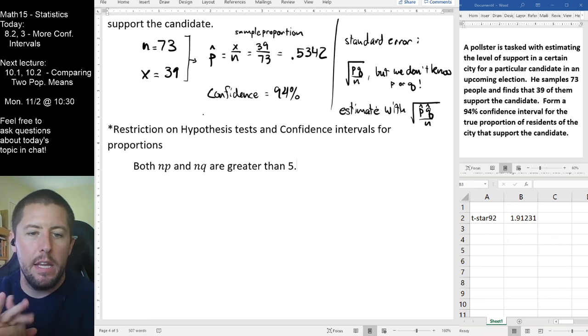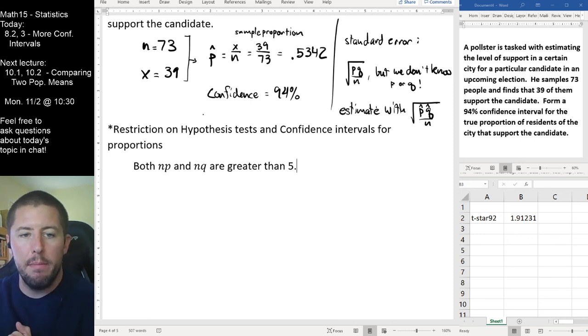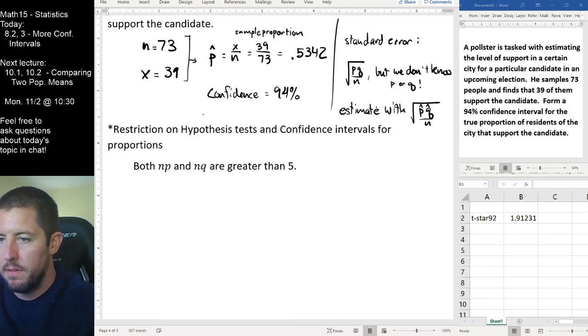Now, what are np and nq? n is our sample size, p is our probability of success, q is our probability of failure. Remember that np is our sample size times the probability of success. So np is our expected number of successes, and nq is our expected number of failures.